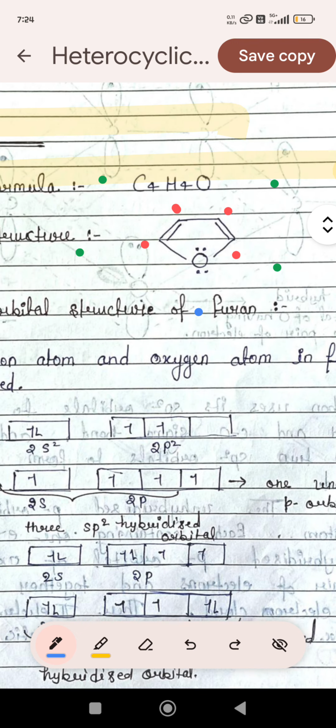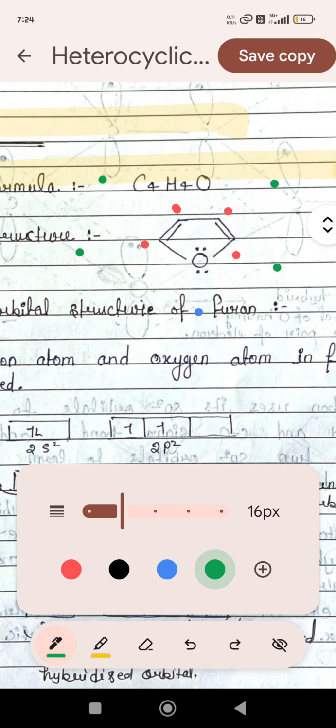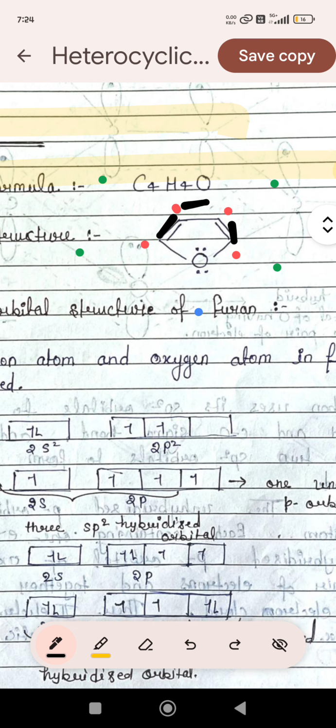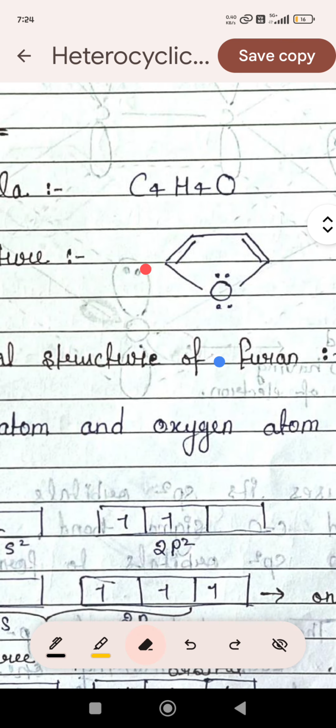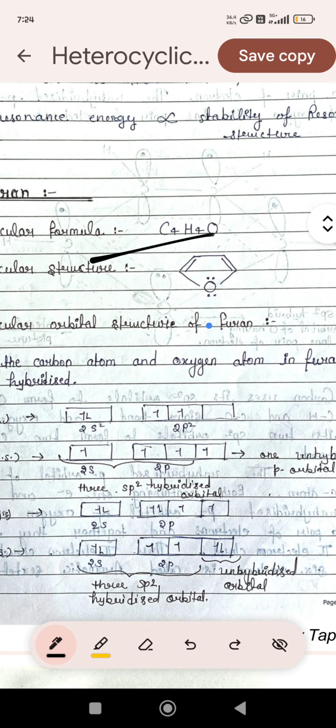All the carbons with the oxygen form a 5-membered structure. Oxygen in this has 2 lone pairs of electrons. Generally we write it as this structure.